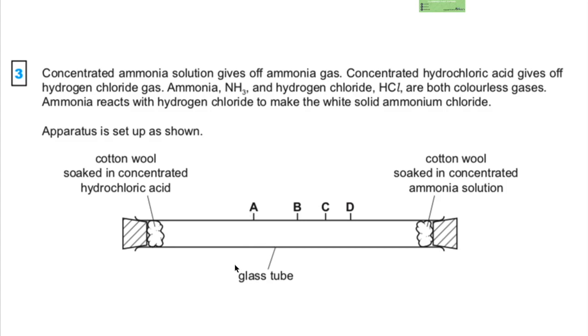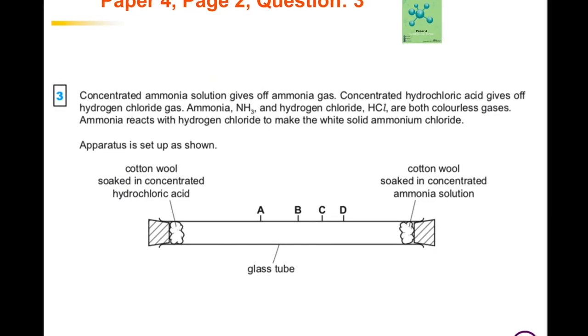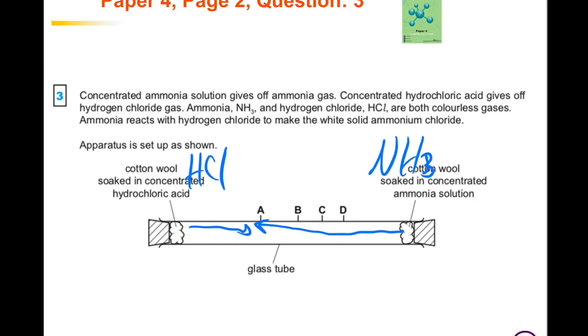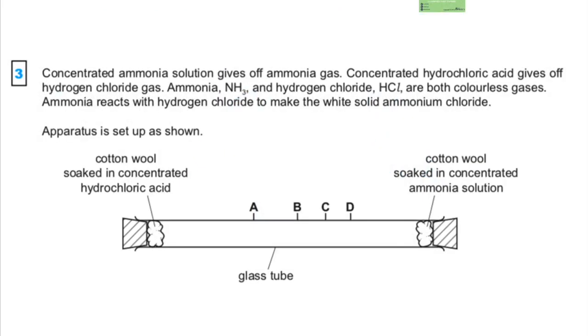We've seen today that they will diffuse, but they will always meet up closer to the gas that is heavier. So since HCl is a heavier gas than NH3, therefore they're going to have to meet closer to the heavier gas.